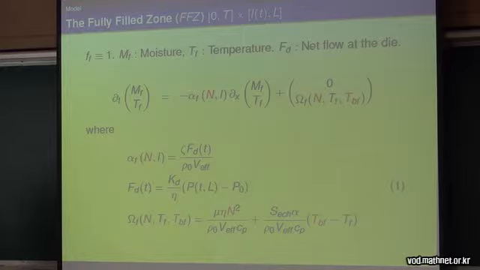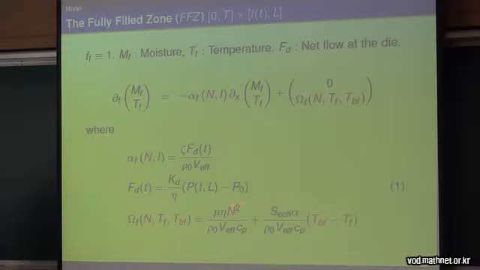And the equation for the moisture, again, has no source term, so it's a conservation law. And the equation of temperature has a source term here, which is again due to these two effects.